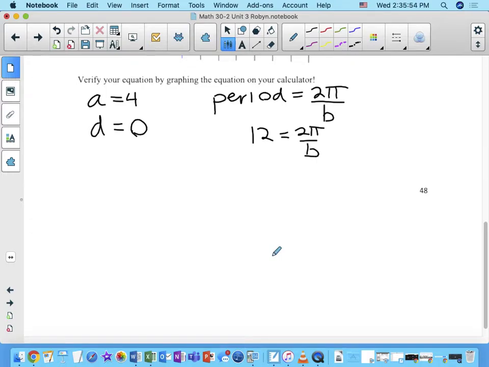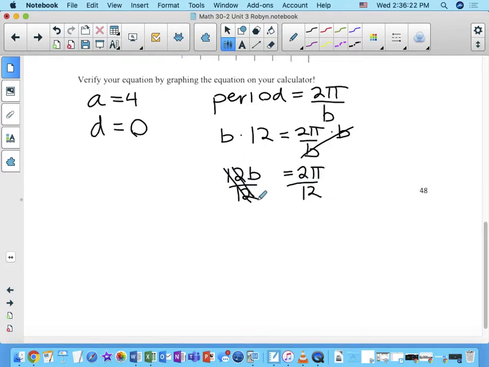So to get it out of the denominator, we can multiply both sides by b. Then these cancel, and what I'm left with on the left side is 12b equals 2 pi. And then to get b, what do I need to do? Divide by 12, yeah.